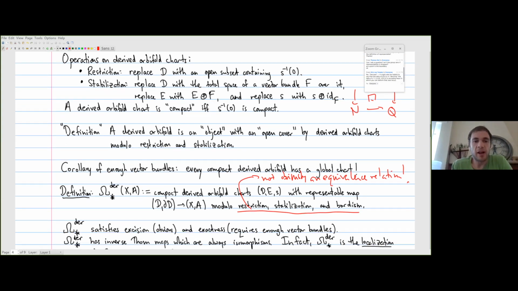Okay, so now we have inverse Thom maps for the derived orbifold bordism groups. They're defined the same way as before, just passing to the Thom space. But now these are always isomorphisms. The reason is that I gave you just a few minutes ago the recipe for the inverse to the inverse Thom map.